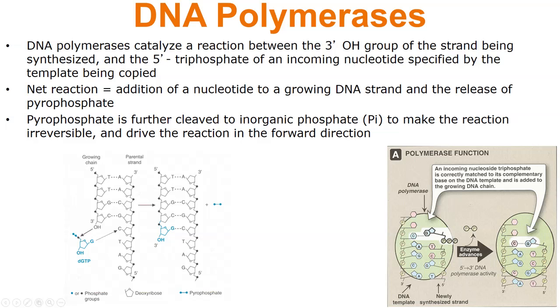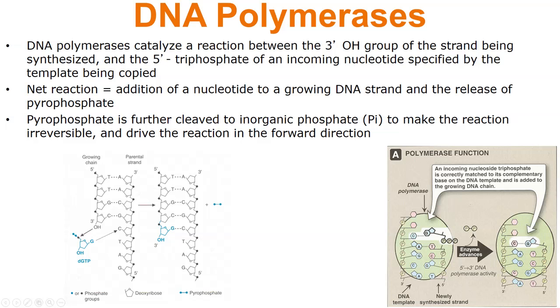And actually, this synthesis of DNA requires a lot of energy. The energy, in this case, actually comes from those acid anhydride bonds in the nucleotide itself. Okay, so in the net reaction, we're going to add this next nucleotide, and we're going to cleave off this pyrophosphate, which is shown right here. That's those 2 phosphate groups at the end.